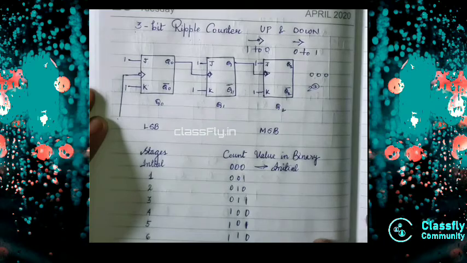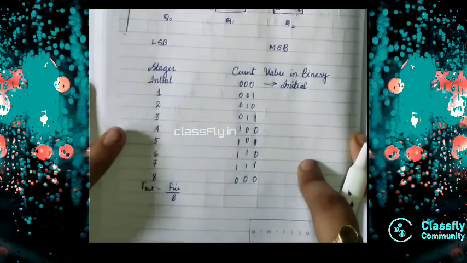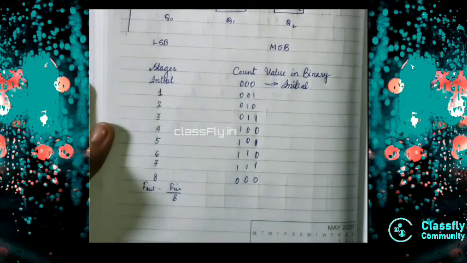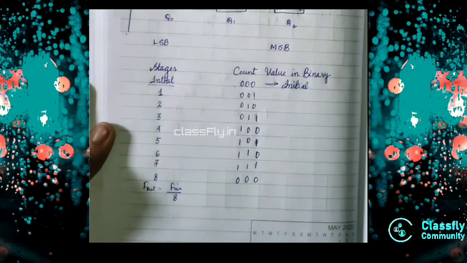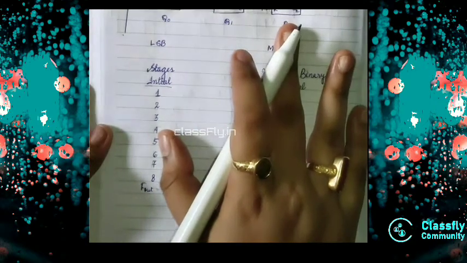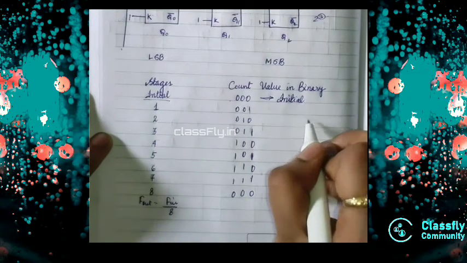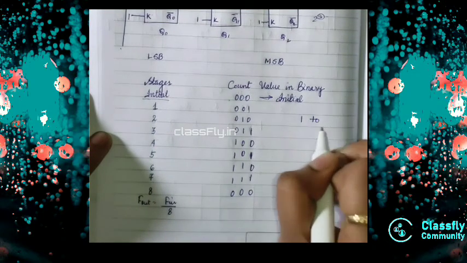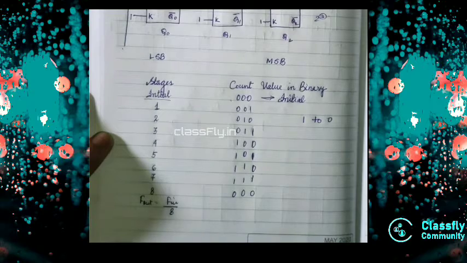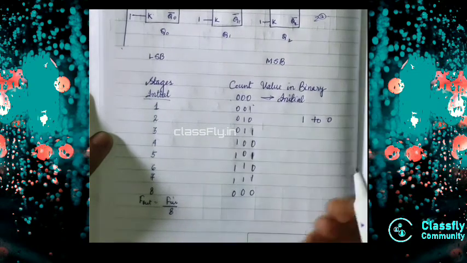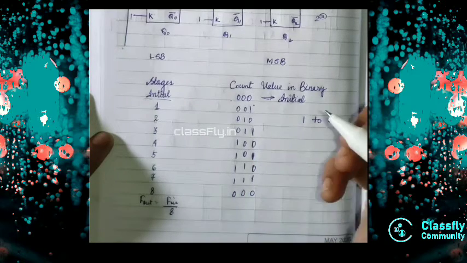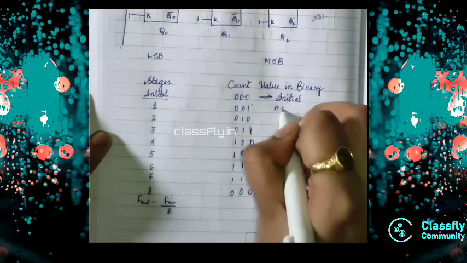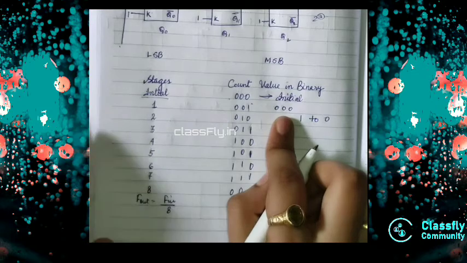Now see how the stages will be. First, the initial state will be 000. As I told, this is the up counter, that is it will change on 1 to 0. So I am doing the same table one more time to make it clear.